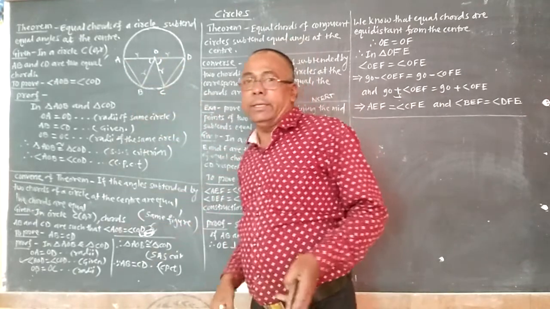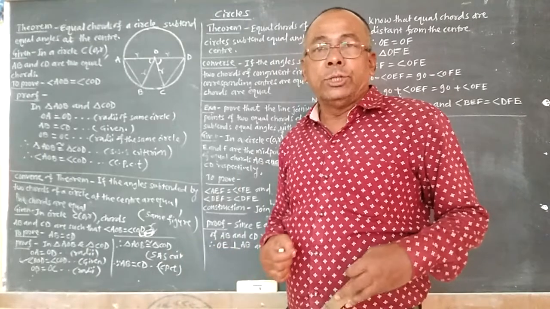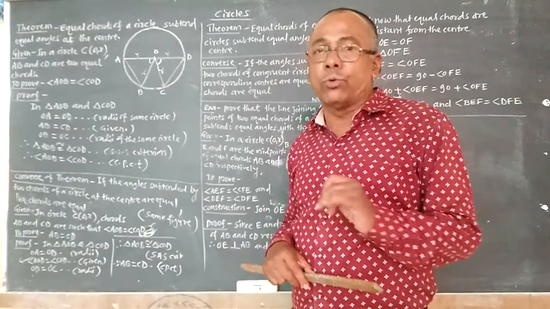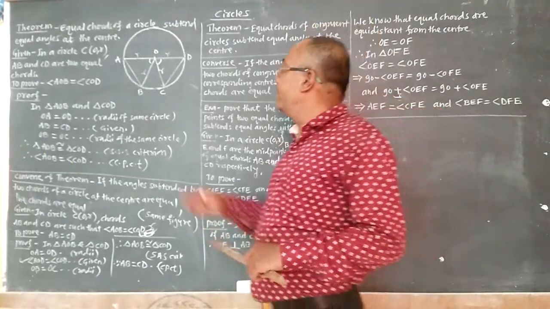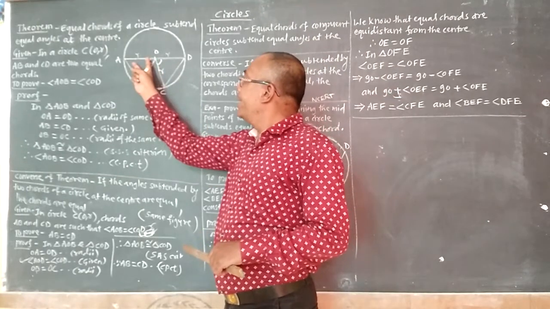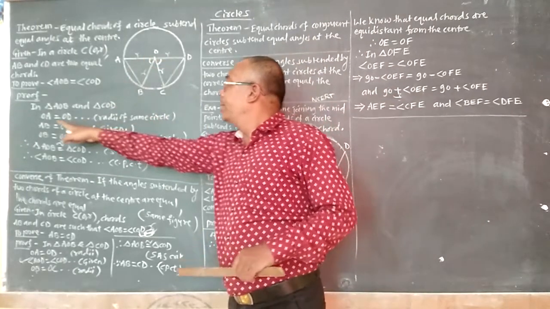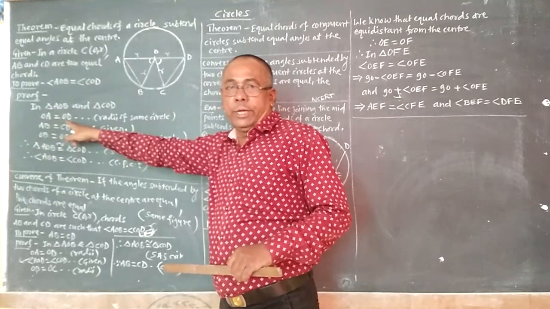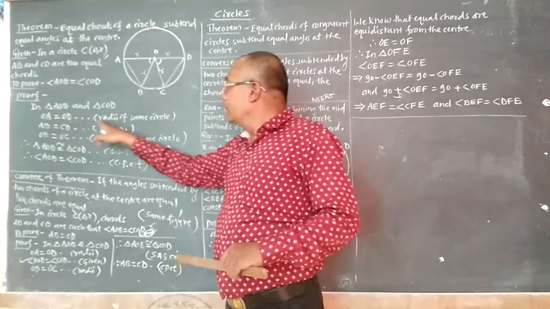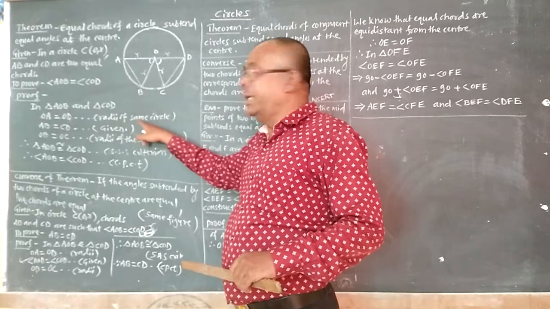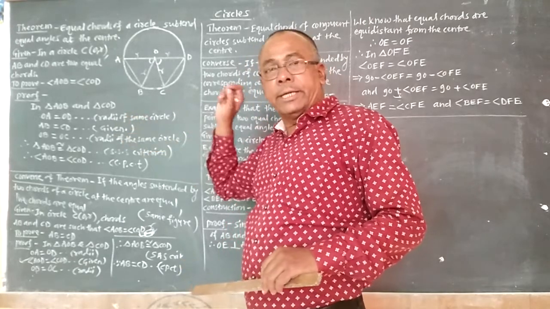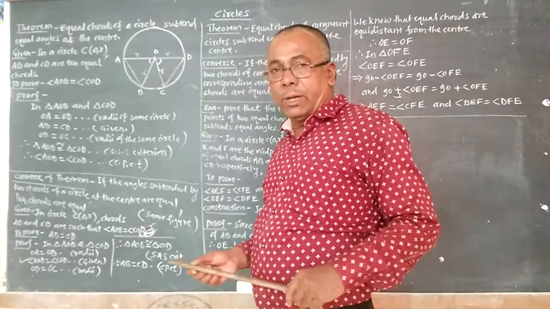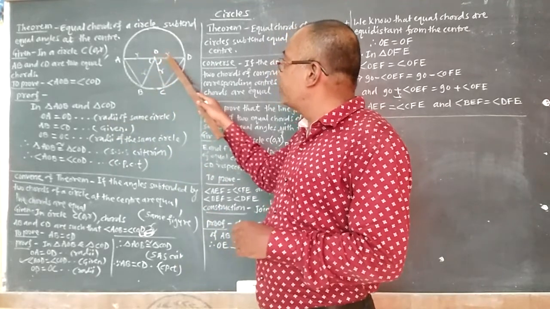These two triangles we get, and we have to prove that these two triangles are congruent. Means first of all we will write OA equal to OD. The reason is radii of the same circle, means radii of same circle are equal, because this is r and this is also r.